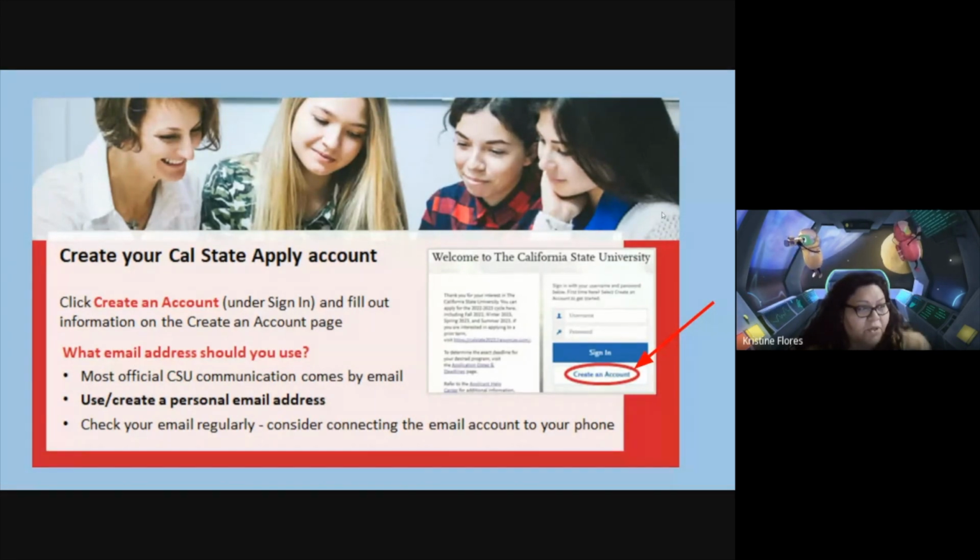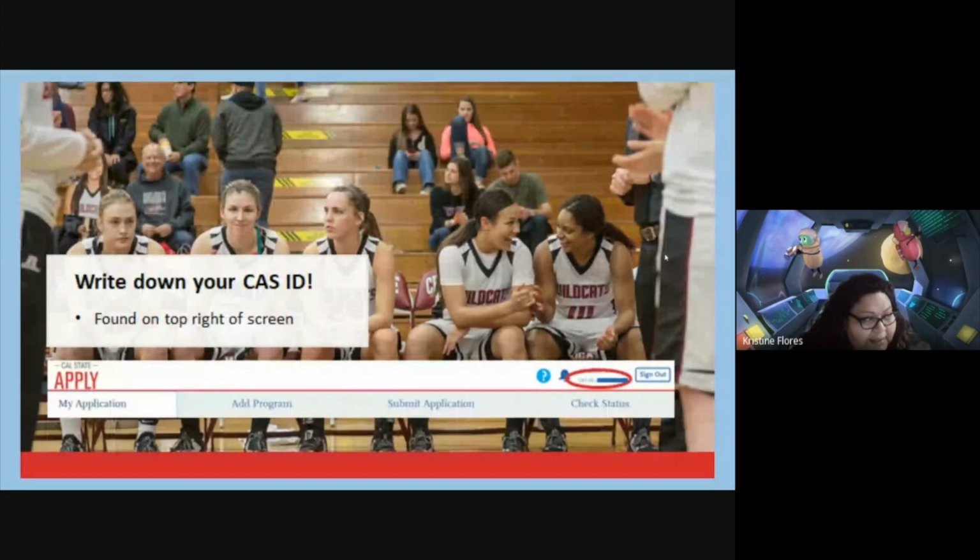And then you will get what's called a CASID number. Please make sure that you know what it is. Right now, everybody knows their student ID number, so now it's a number you have to learn.